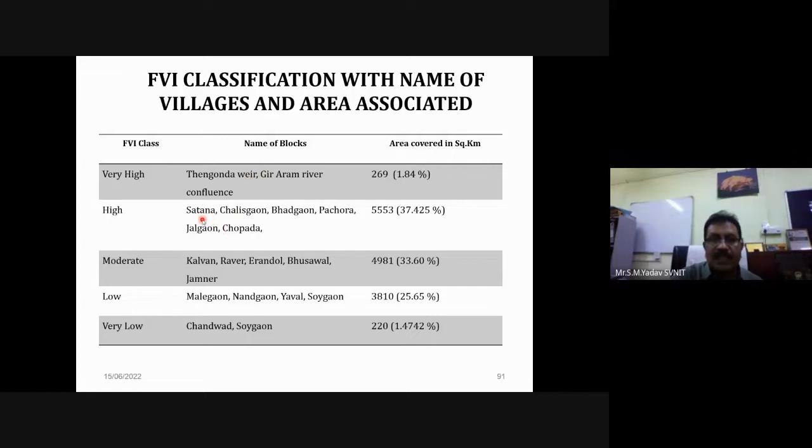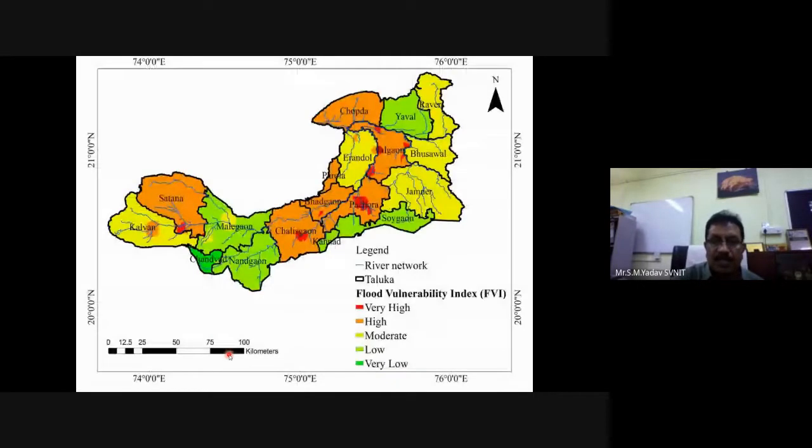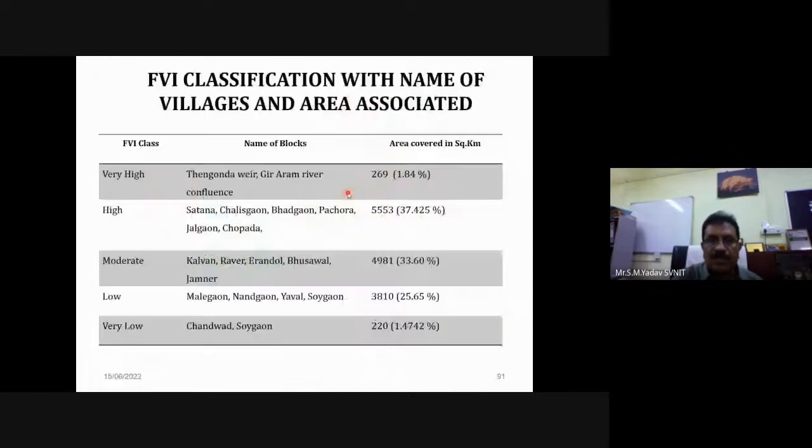For example, Satna and Chalisgaon lie in the highly vulnerable class. How did we find this out? We found it using this FVI, and this FVI map, which we superimpose on a Google map, wherein you can exactly know which village, which area has a high vulnerable class to very low vulnerability.